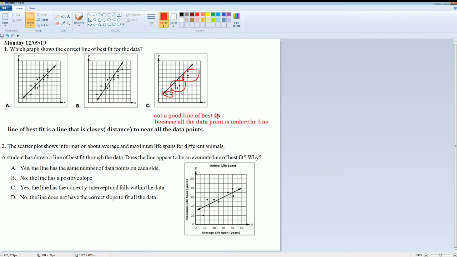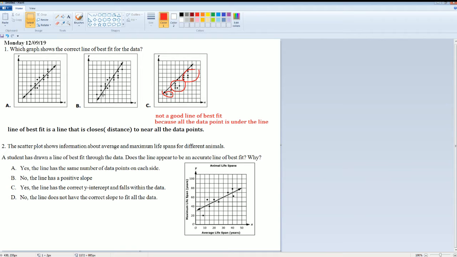C would be considered an overestimate because all the data points are under it. The line here is an overestimation of the scatter points.